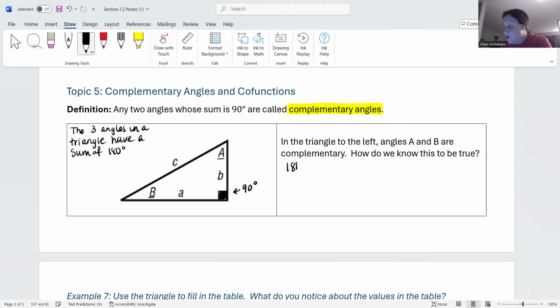So if we take 180 degrees and subtract the 90 that we've already used, that leaves 90 degrees. So A and B basically split the remaining 90 degrees, making them complementary angles.